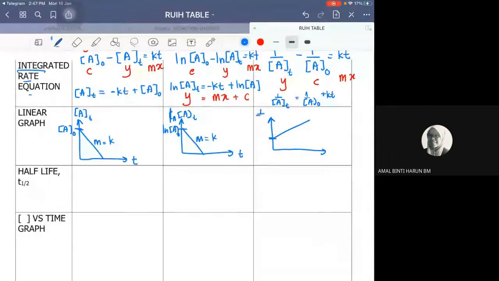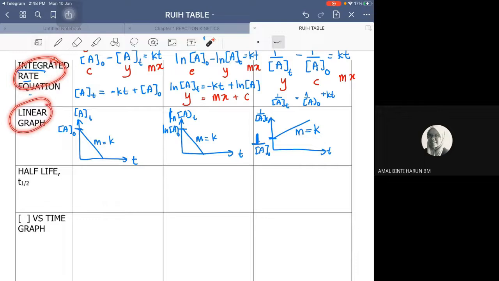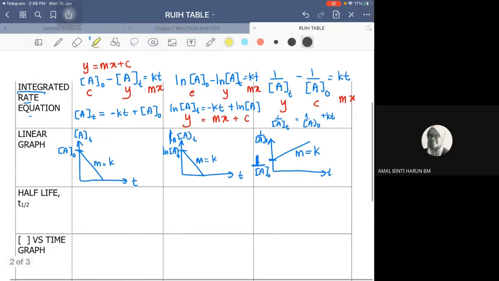Ini 1 over A time versus time. 1 over A initial. Okay. So M di linear graph ni sama dengan nilai K, rate constant. Okay, itu adalah hubungan antara integrated rate equation dengan linear graph. So yang kena ingat adalah ini. Yang lain tu you boleh rearrange kepada Y = mx + C, you dapat graph dia.